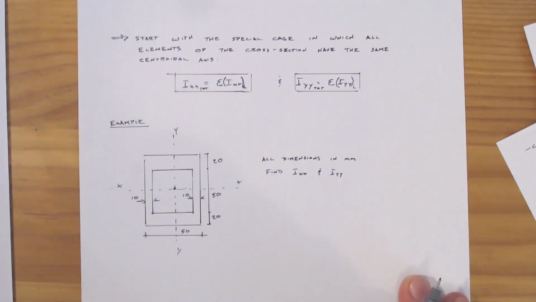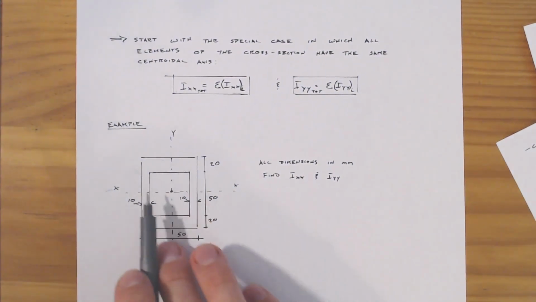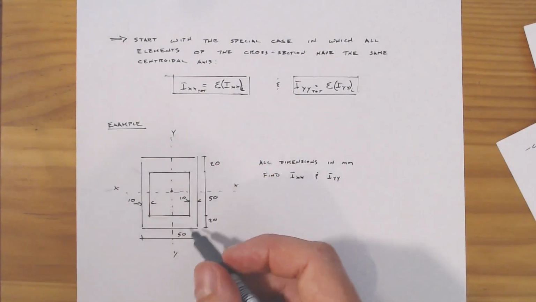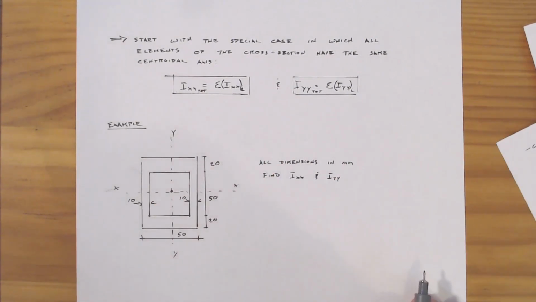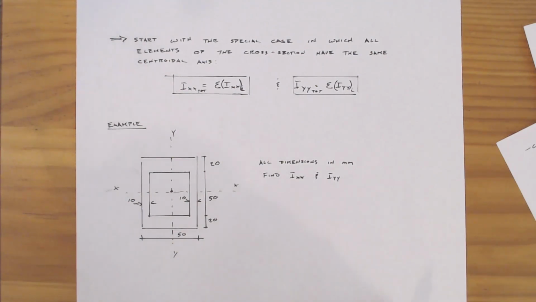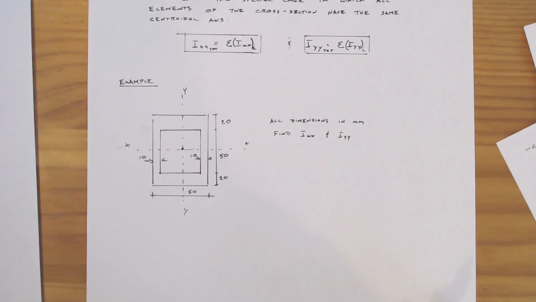So we'll start with this simple structure here, where it's effectively a rectangle with a rectangular hole in it. And we want to find both the moment of inertia in the x and the moment of inertia in the y direction.